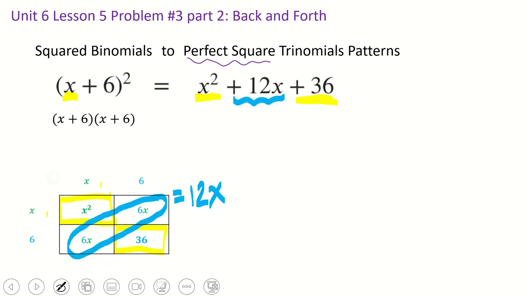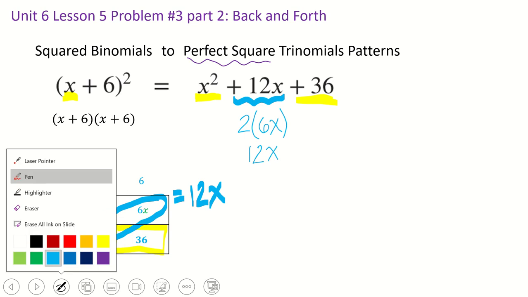One of the patterns that we specifically noted during our previous activity is that to get this value in the middle, we can do 2 times our two values that we have in our binomial. So we're really doing 2 times 6 times x. And we know that 2 times 6 is 12x.